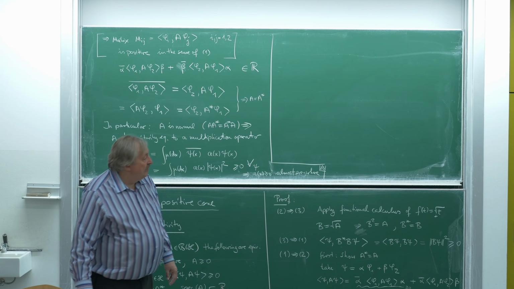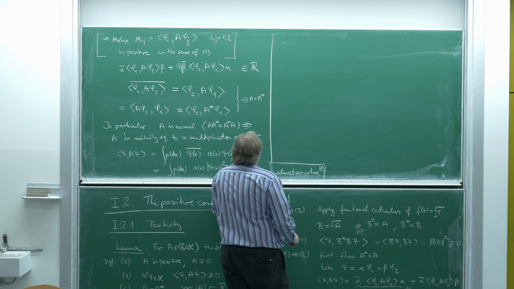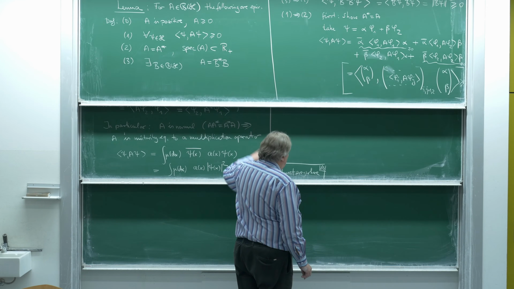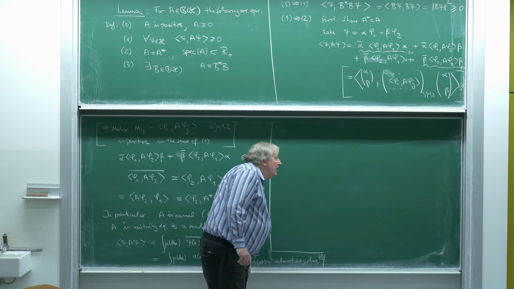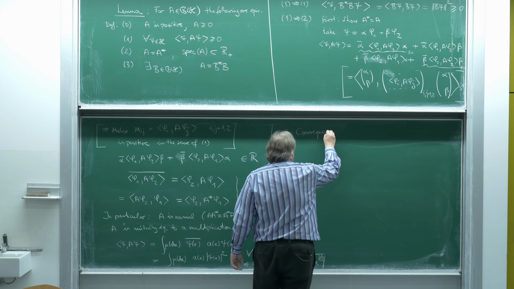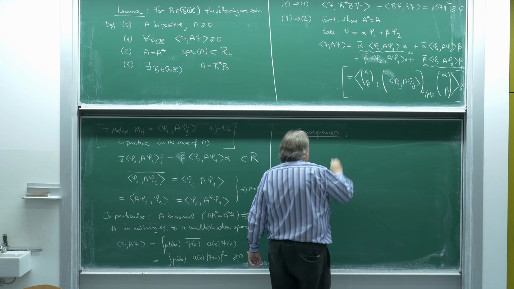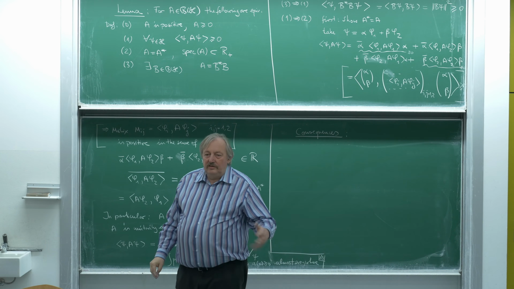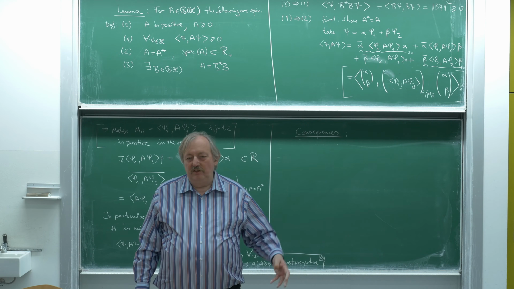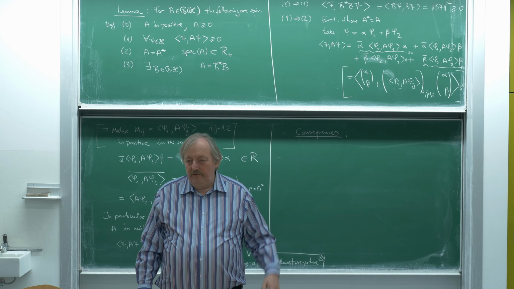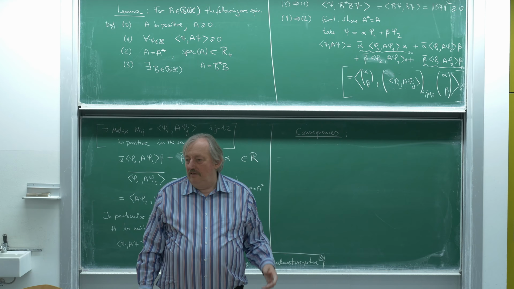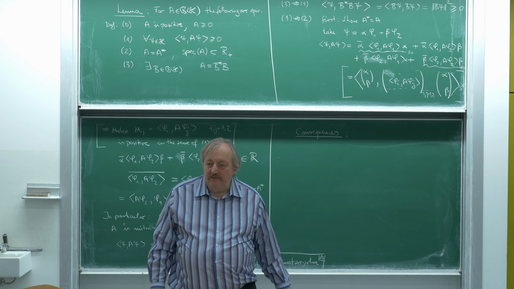Okay, so let's look at some consequences. Now, in looking at these consequences, you will see that it's extremely useful to have all three definitions in parallel, to know about all three definitions, because often one will be the best definition to show something, and another one may be the best for another question.